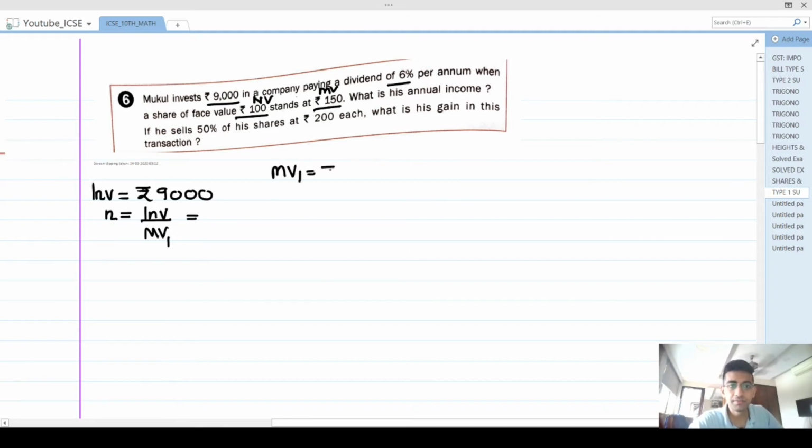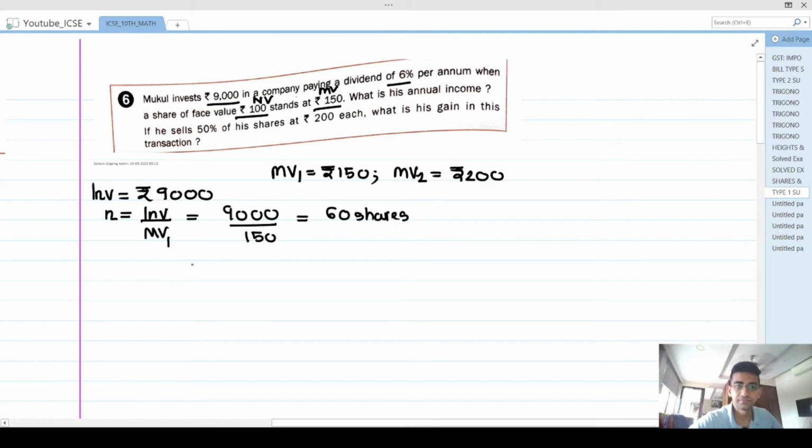MV1 is rupees 150 and MV2, when he sold his shares, is rupees 200. So investment upon MV1 will be 9,000 upon 150. This turns out to be 60 shares. So he bought 60 shares for 9,000 bucks.